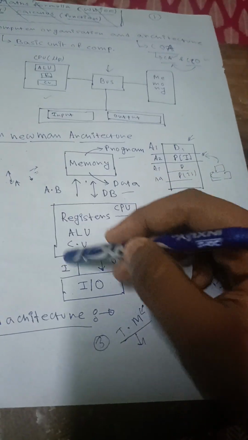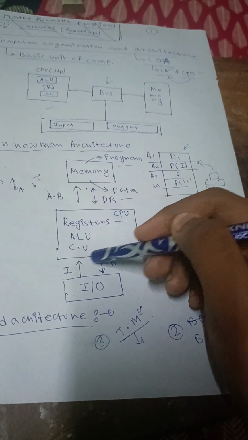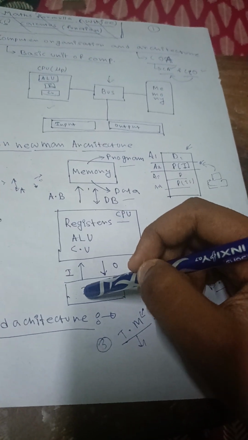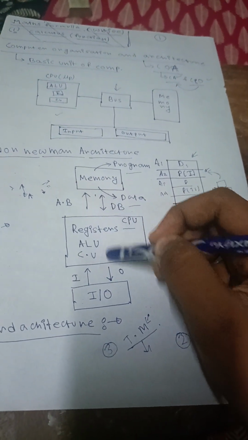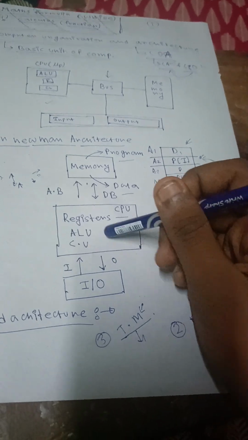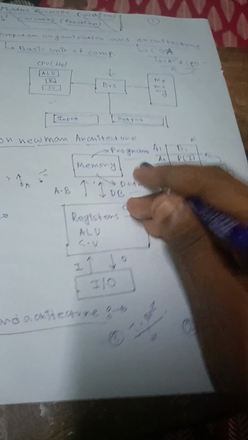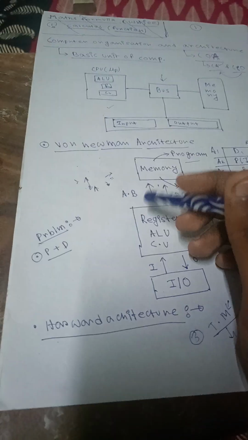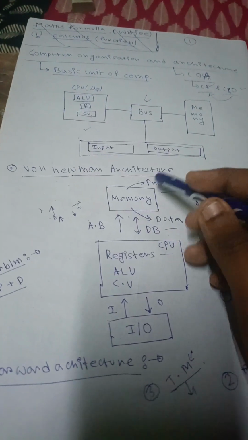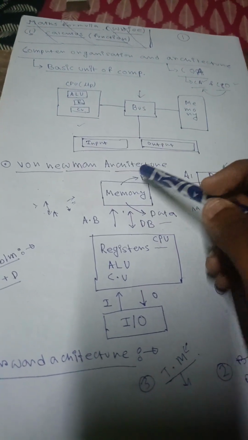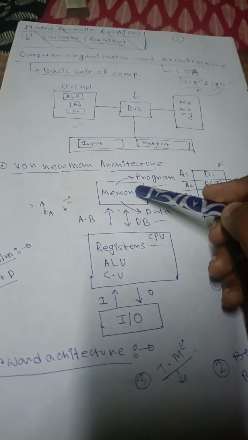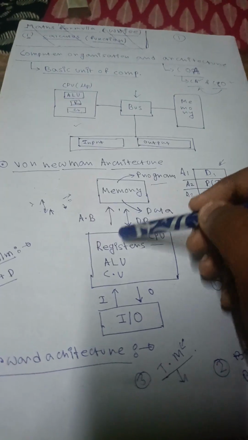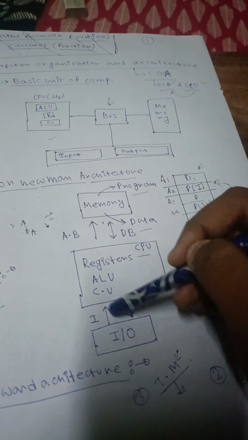Next, move on to the next structure. Input goes generally to the CPU, and from the CPU it goes to the output section. So here we conclude the von Neumann architecture. There is one section of memory, and memory has two parts: programming logic and the data section. There is the CPU and there is input output.